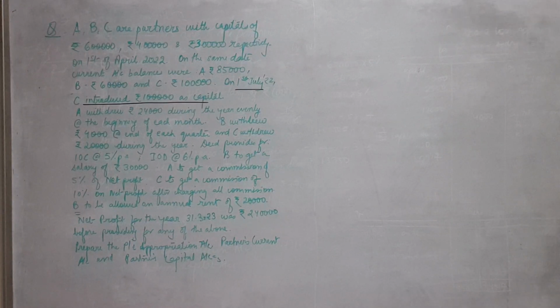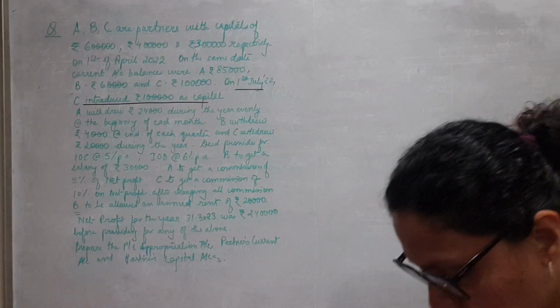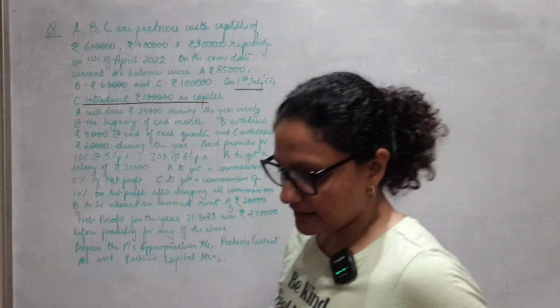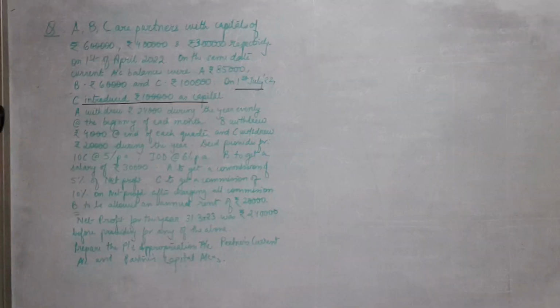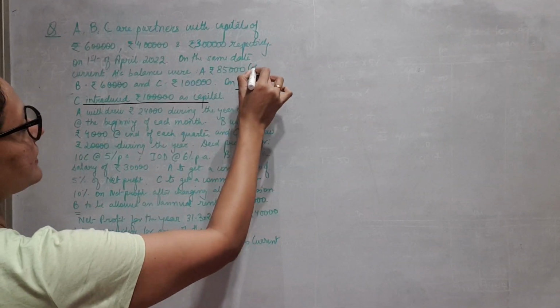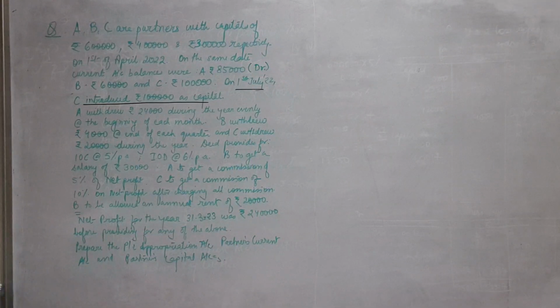Then 1st April, this was the opening capital balances are given. On the same date, current account balances are also given to you, which is A is 85,000, and here it is in bracket, a debit.